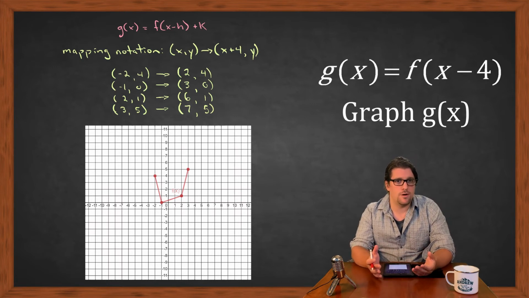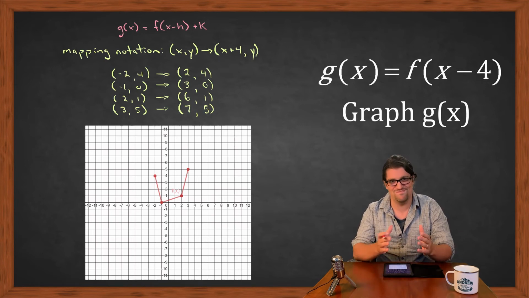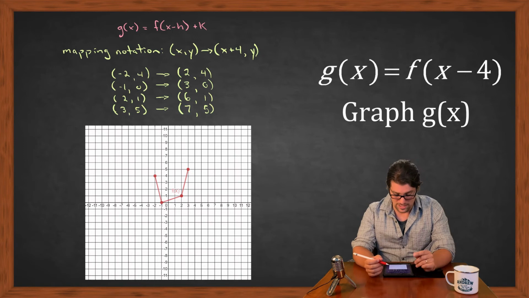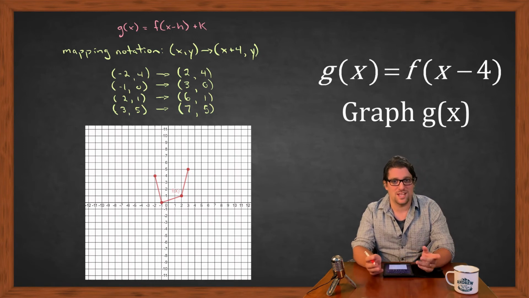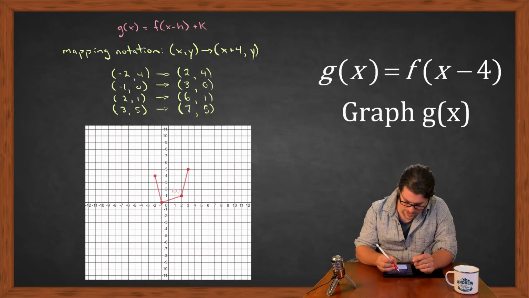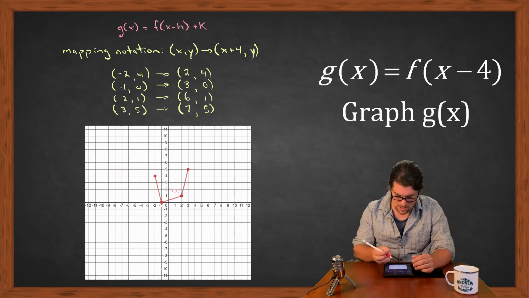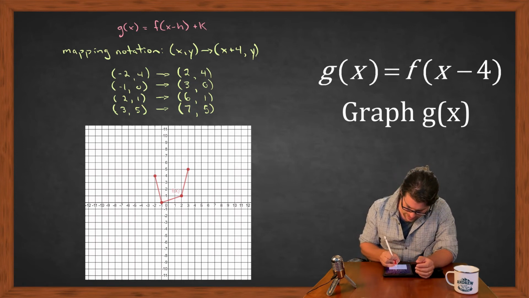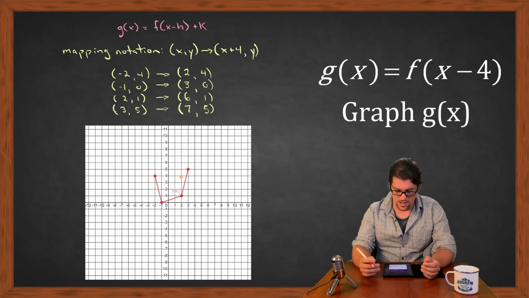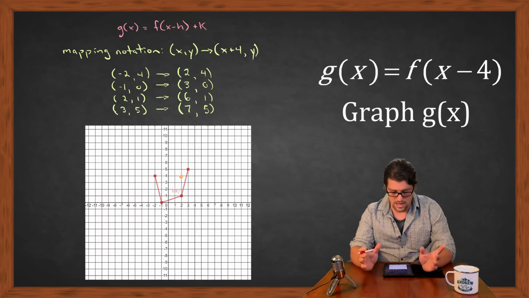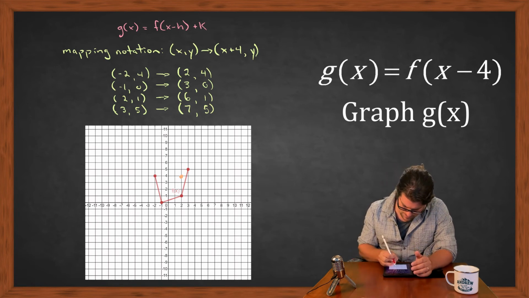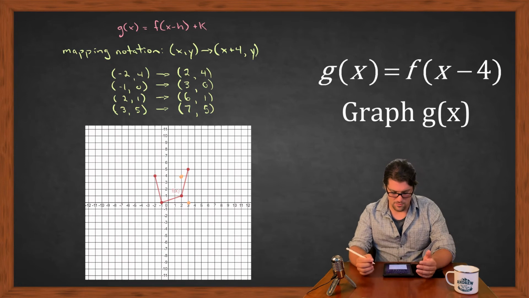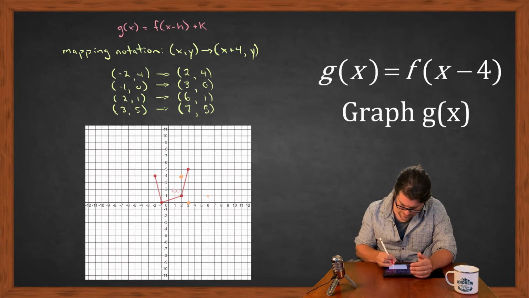Like I said before, since this is just a nice piecewise function that has linear pieces connecting these points, we can map these 4 points and then play connect the dots. So let's go ahead and do that. So 2 comma 4 would bring us to right here, and then we have 3 comma 0, and then we have 6 comma 1.